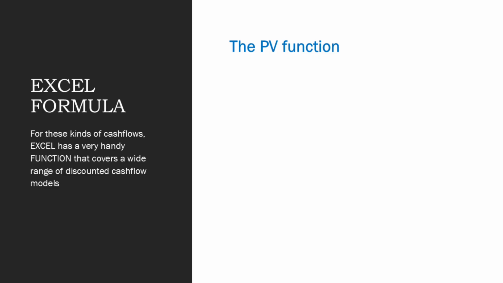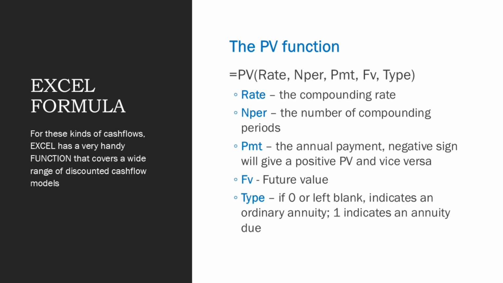Happily, in Excel, this can all boil down to one simple function, the PV function. The inputs are rate, nper, pmt, fv, and type. They're all pretty self-explanatory. Just two things to note. One, if you leave the last input blank or put 0, the PV function will provide an ordinary annuity.